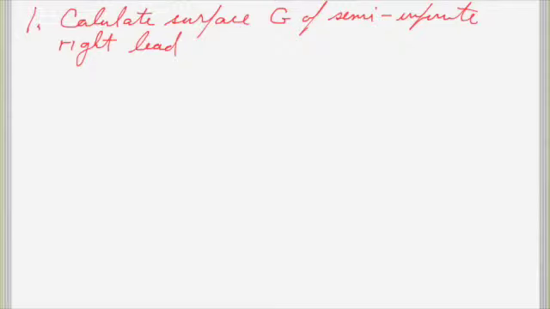And since it has no potential variation, we can use periodicity to calculate this. Specifically, what I'm talking about is G right connected n plus 4, n plus 4. That's the surface green function at the end of this flat band region on the right.